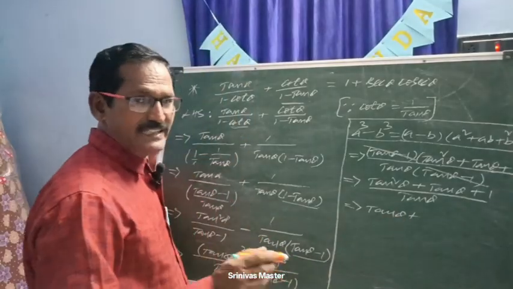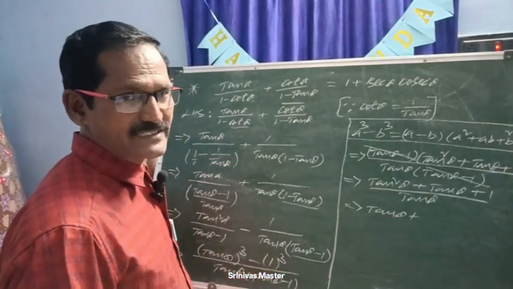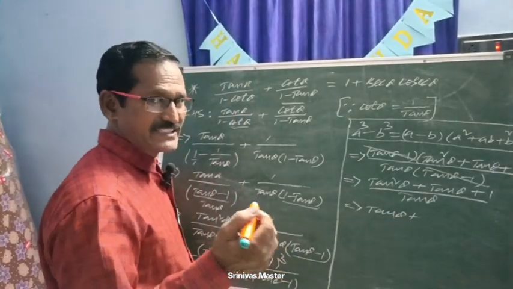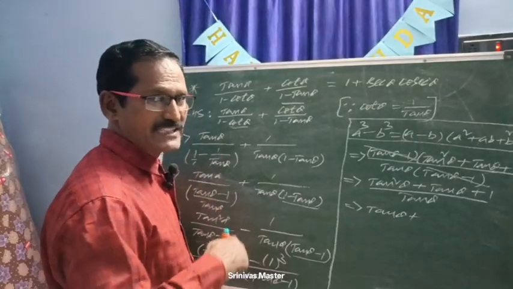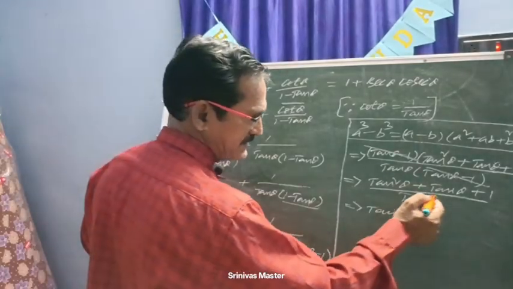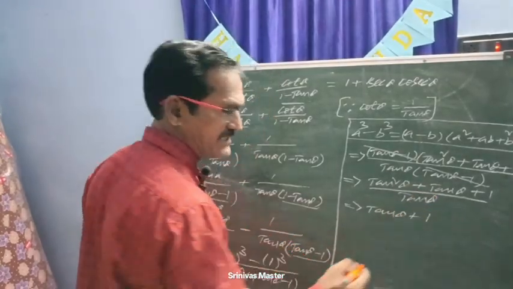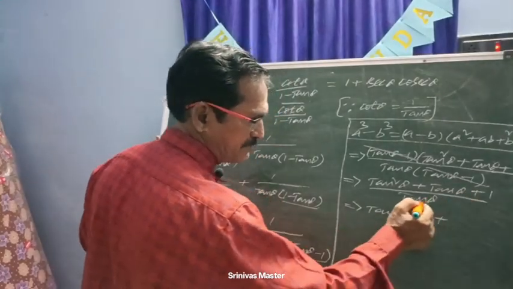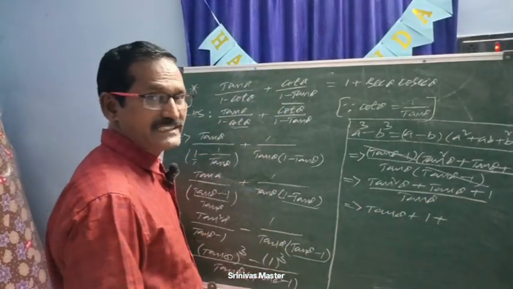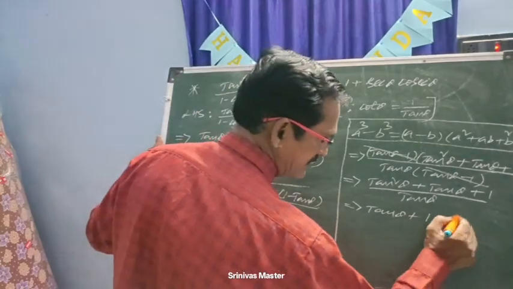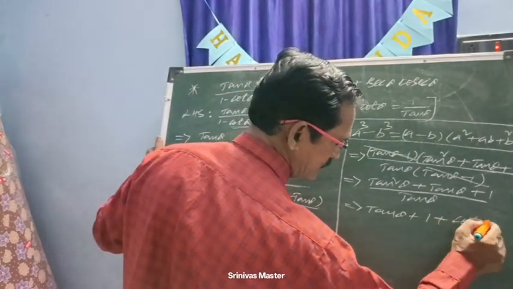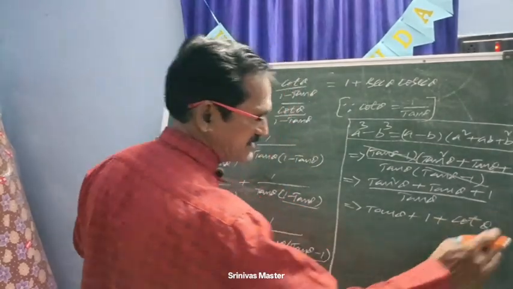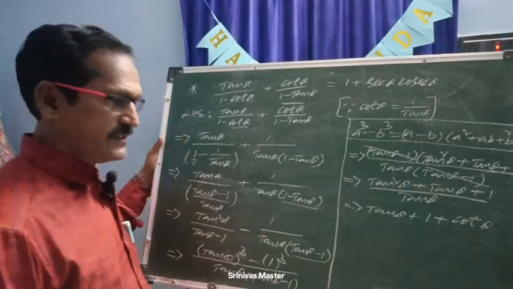You know that. x in x square, how many times? x times, like that. Because x square means x times x, one of the x will be cancelled. Plus tan theta and tan theta, how many times cancel? One time. Plus what is left here? 1 by tan theta. 1 by tan theta is equal to cot theta. You know that tan theta reciprocally belongs to cot theta.